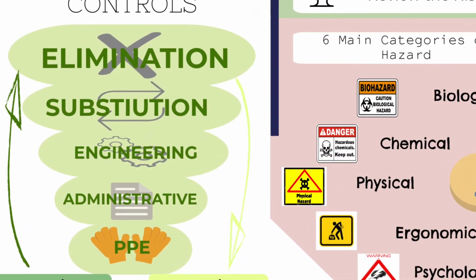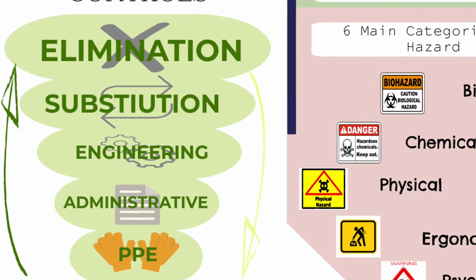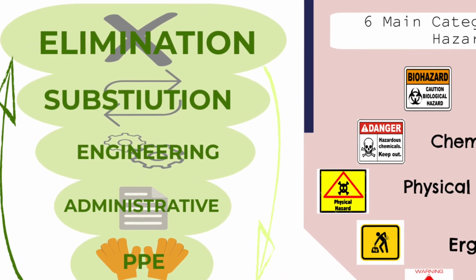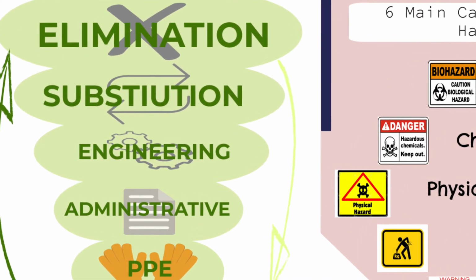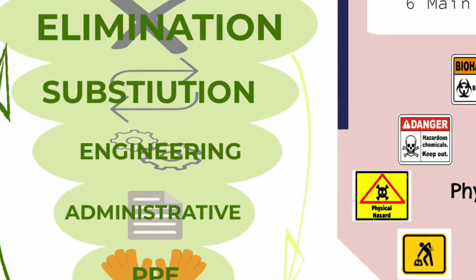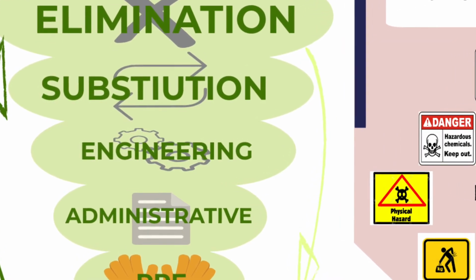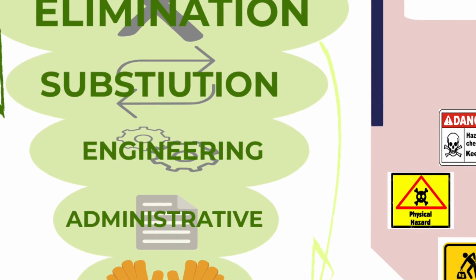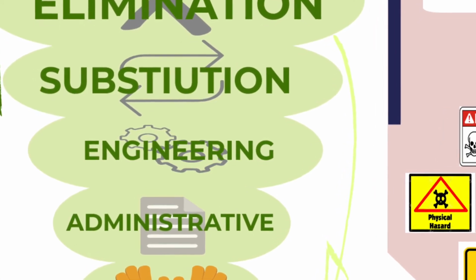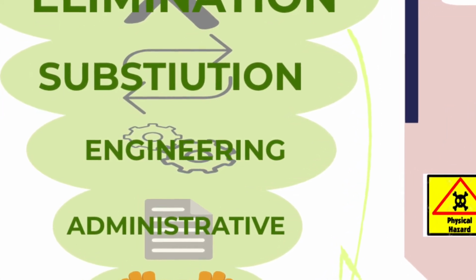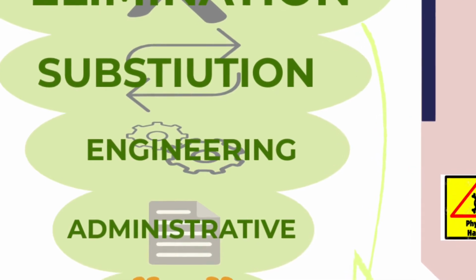Engineering controls. Engineering controls are favored over administrative controls and personal protective equipment or PPE for controlling existing worker exposure in the workplace because they are designed to remove the hazard at the source before it comes in contact with the worker.